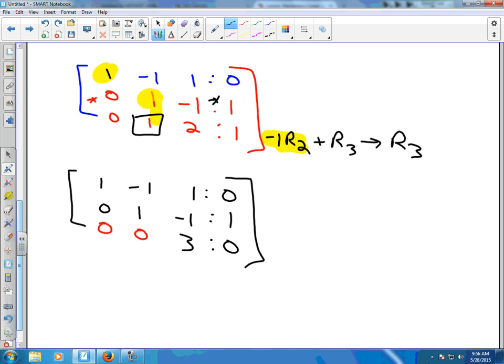Okay, so now what do we need to do to get that? We got one more thing to get that in row echelon. So what's the last thing to get that in row echelon? Yeah, we got to turn that 3 into a 1. So we can just do 1/3 of row 3 and make that happen.